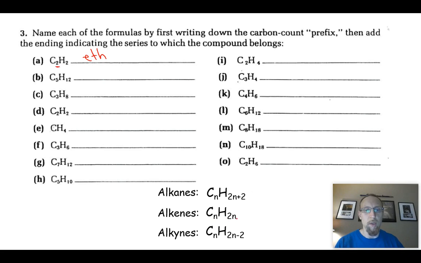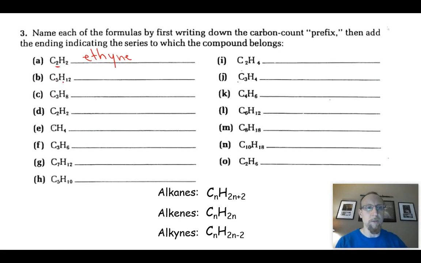So 2 times 2 is 4, no good. And then 2 times 2 is 4 minus 2 is 2. So this is the one that works. So when I plug in 2 as my N, it gives me the appropriate number of hydrogens. So that means it's an alkyne. So it ends in -yne. All right, so these are a little tricky. You got to kind of use the general formula to help you out.